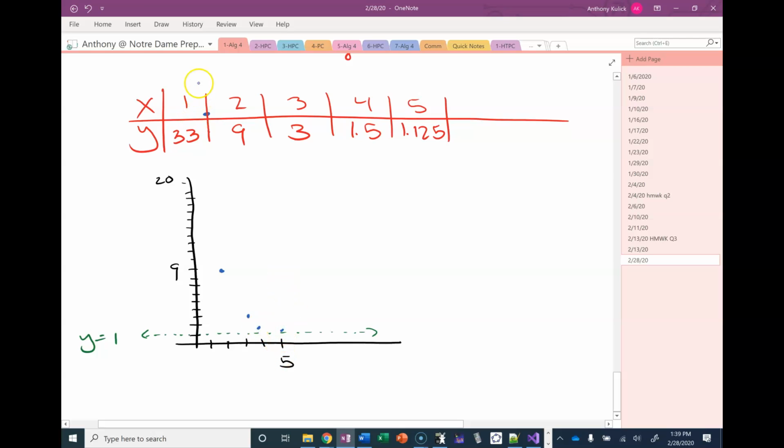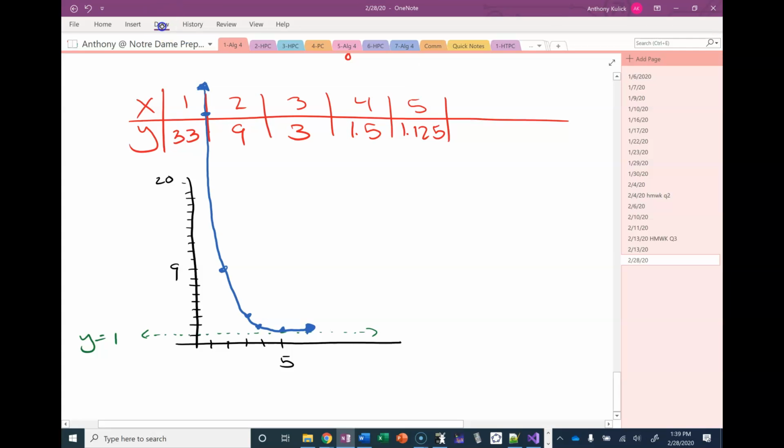And then 5 and 1.25. So there's my graph.